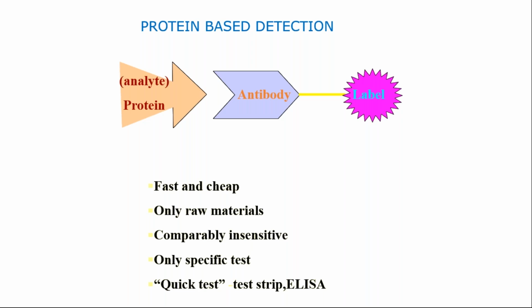The lateral flow strip testing using these protein-based methods is fast, cheap, and insensitive to things. It is a quick test called a test strip, and you can also quantify by using ELISA.